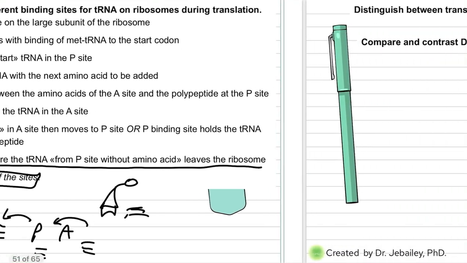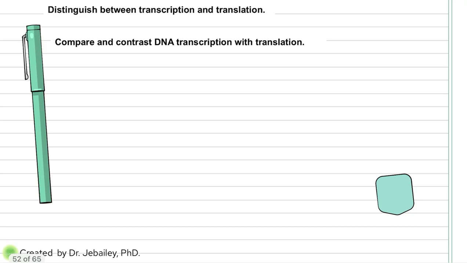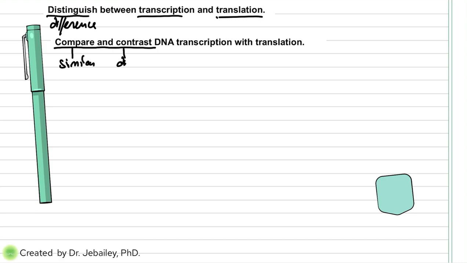So moving to the next question here, it says distinguish between transcription and translation. The word distinguish means what are the differences between them. And the words compare and contrast mean that we can talk about the similarities as well as the differences, right, between transcription and translation. So one thing we can do here is put transcription and translation, and define them.